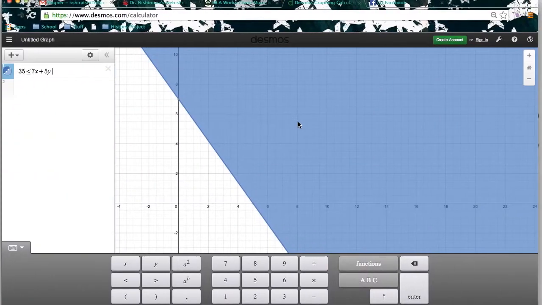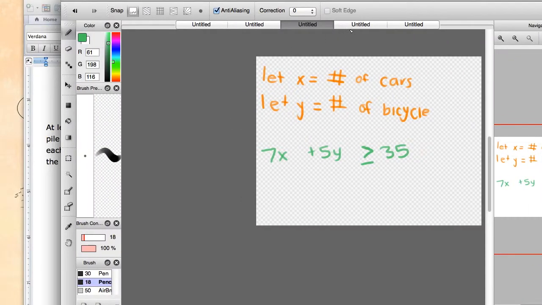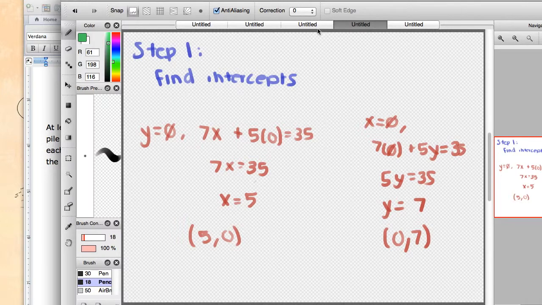So I went to Desmos and I put this in. You can never have negative performers, so we're going to have to find the intercepts. We all know how to find intercepts, hopefully. If not, just set each variable equal to 0 and you can find them.